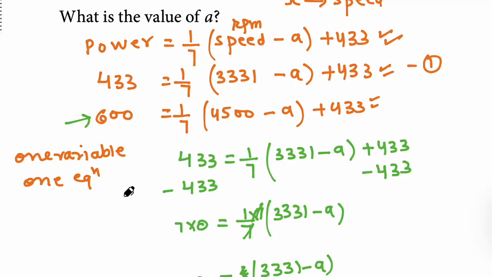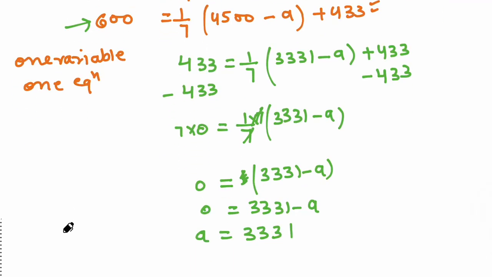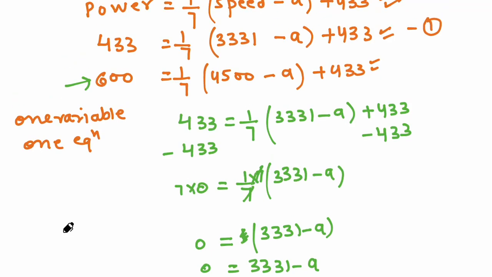Now for me, the question is over. I'll just ask you to use the second equation and check whether the value of a is the same as from the first equation. It will be the same, but I'm asking so you will be confident that one equation, one variable is enough. If two data points are given, that's fine. That is just another piece of data which we are not using.